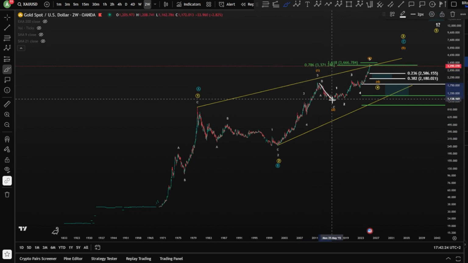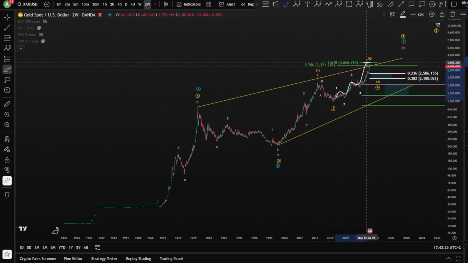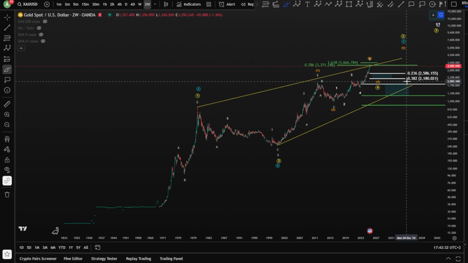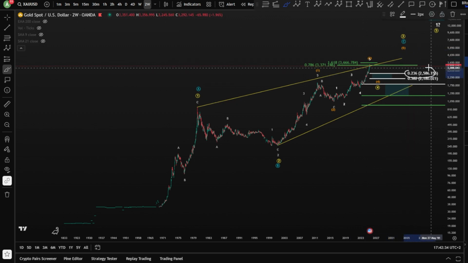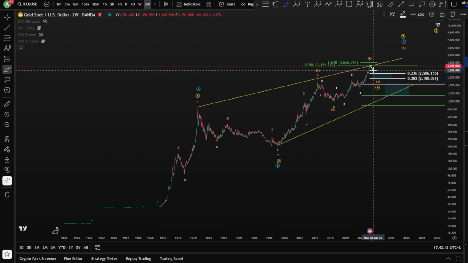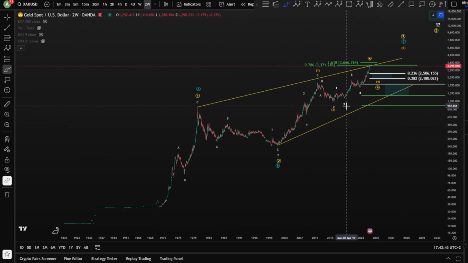Wave 1 finished, correction, 1, 2, 3, 4, and a 5. Finished, correction, and then 1, 2, 3, 4, 5 again. And therefore, the minimum target is 2,500, which we might take in 3 ways, of course, which we're talking about right now. 3,000 for a wave A. We just explained it. Wave B, wave C toward the downside.